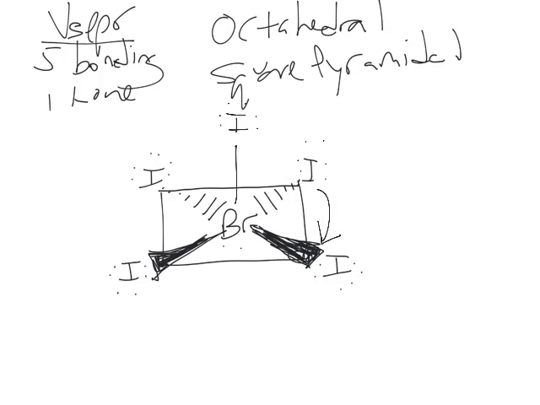And every angle is going to be less than 90 degrees. This is what gives us the square pyramid shape.